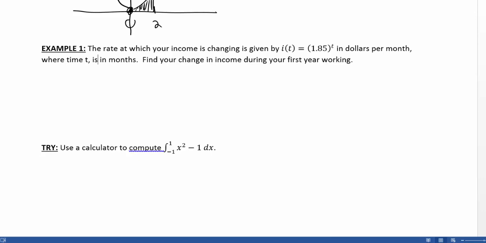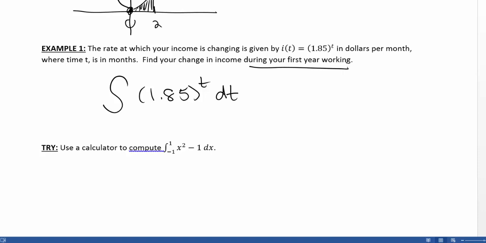We have a rate that describes how your income is changing. If we want to relate that back to the original function of income, we can integrate this rate to find the change in income. So we set up an integral of 1.85 to the t dt, and we're looking at our first year working.